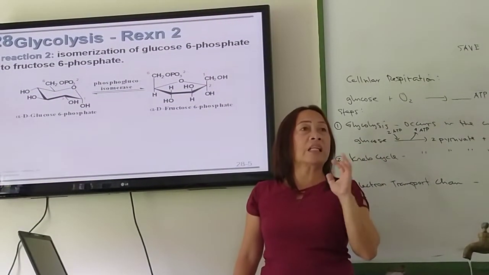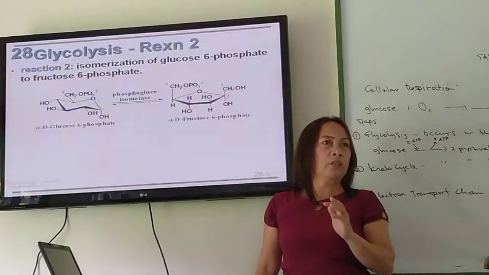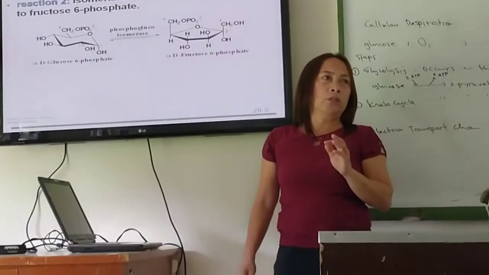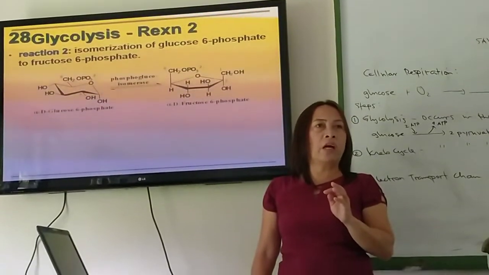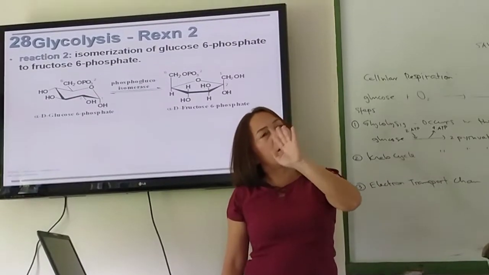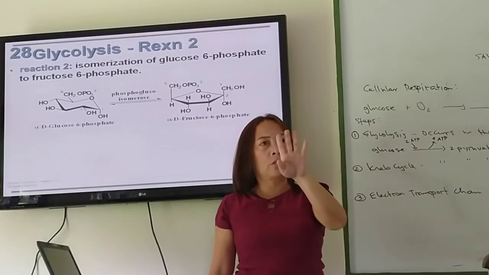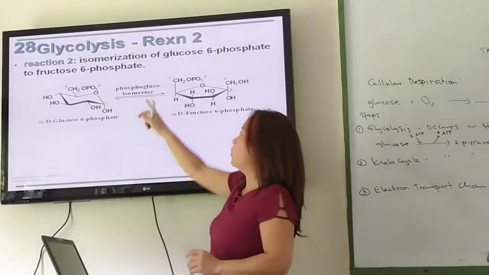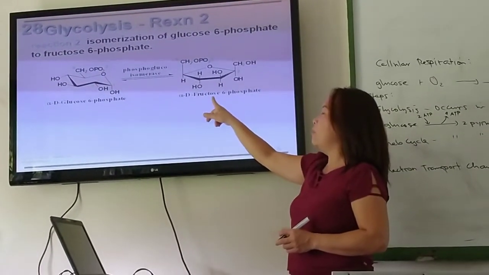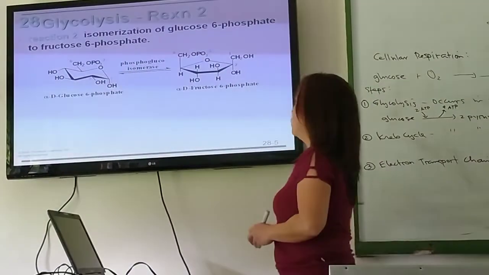All are 6-carbon compounds, so they are called hexoses. They are made up of 6 carbon atoms. So there is just a little twisting of this glucose to become fructose through this enzyme called phosphoglucoisomerase. So as a result, from glucose 6-phosphate it becomes fructose 6-phosphate. So isomerization of glucose. Okay?